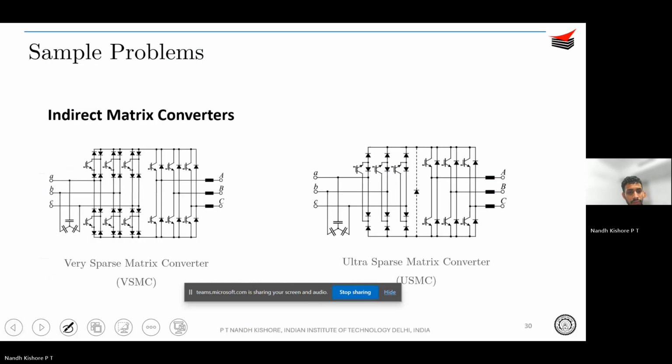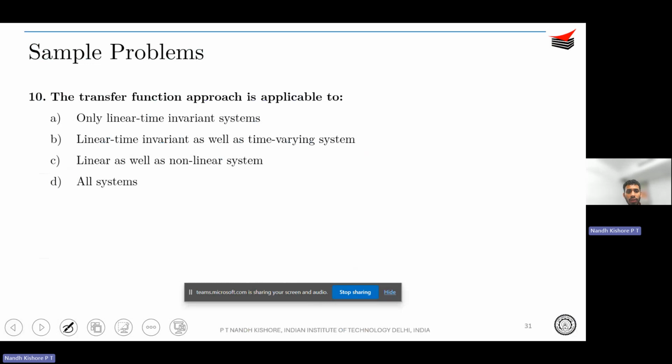So the transfer function approach is applicable to what? Only linear time invariant systems, linear time invariant as well as time varying systems, linear as well as nonlinear systems, or all systems. We saw earlier that it is applicable only for linear time invariant systems. What do we mean by that?